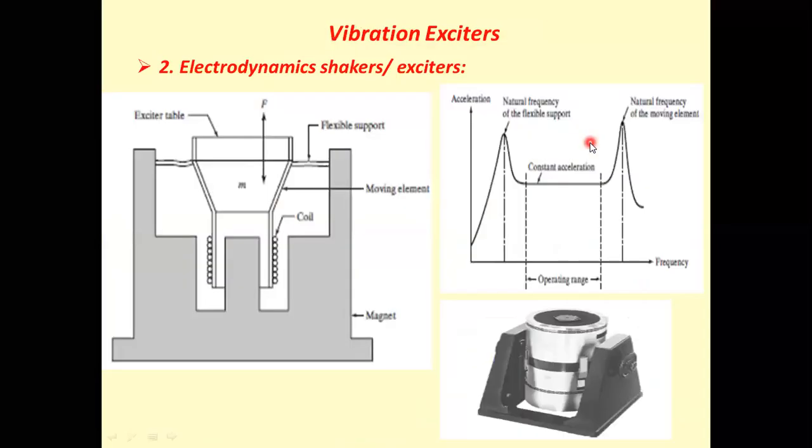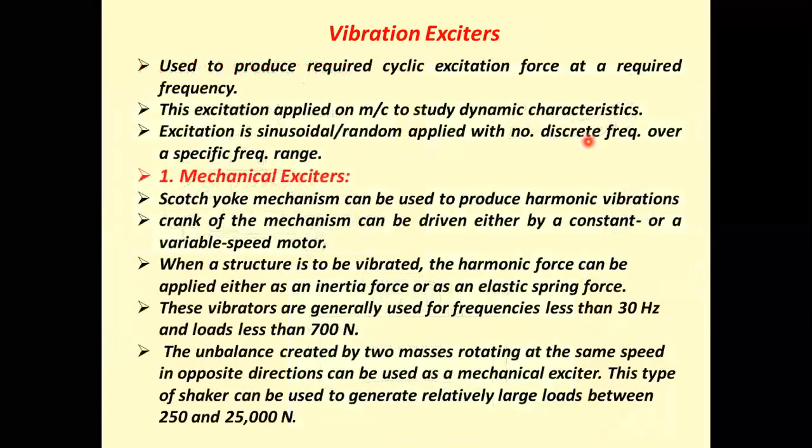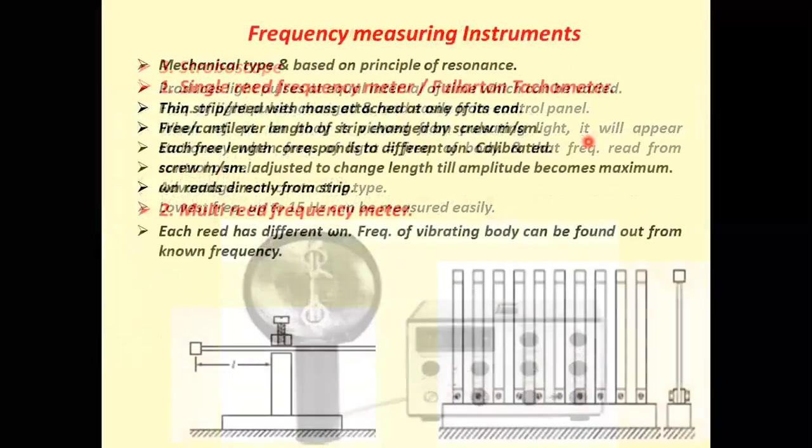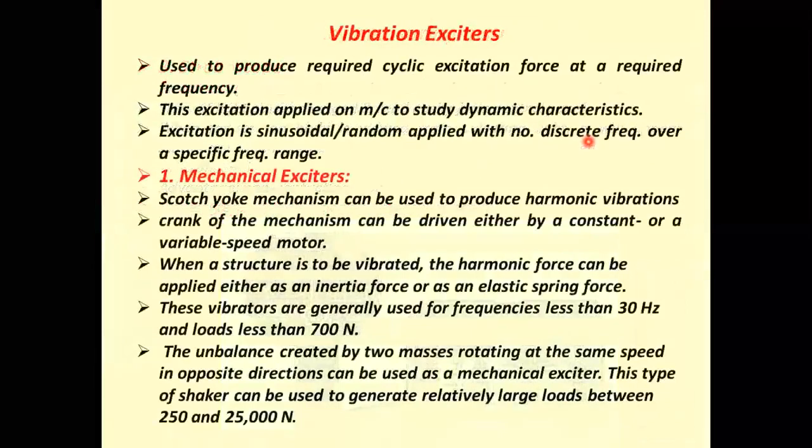So in today's lecture, we have seen some frequency measuring instruments, that is the single reed frequency meter, the multi reed frequency meter, and the stroboscope. We have also seen the vibration exciters or vibration shakers.